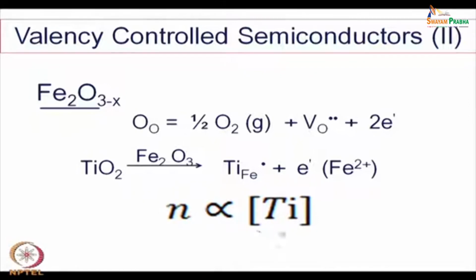Here an n type conductor is controlled by the addition of another impurity of a different valency. Earlier it was a lower valency added to the higher valency, here it is a higher valency added to the lower valency. That is the reason why the type of conductivity is also different.